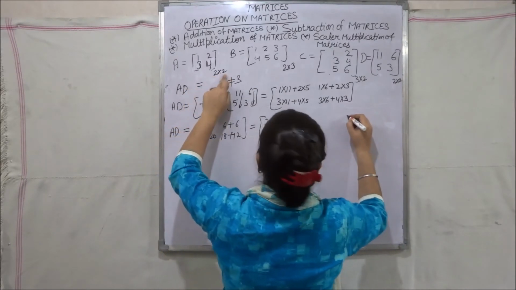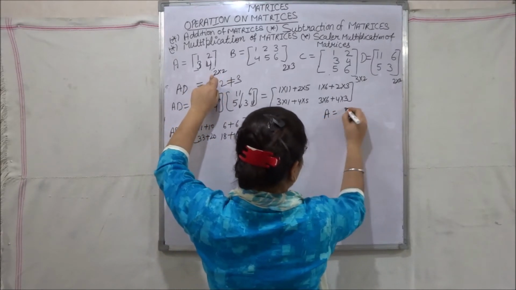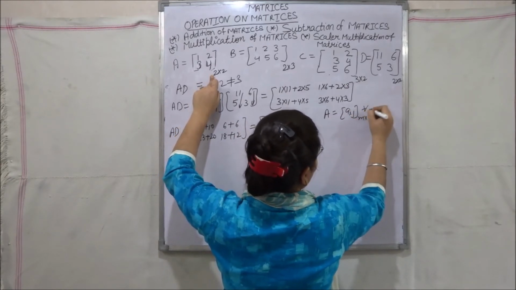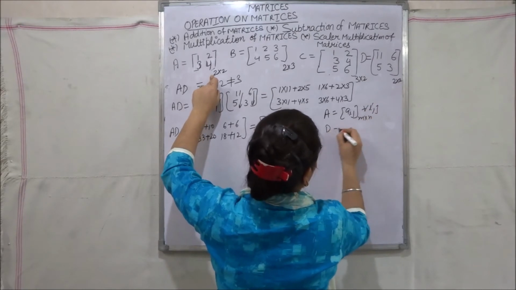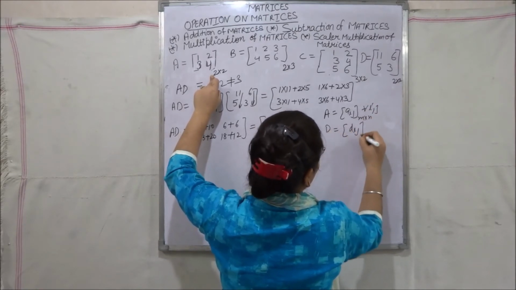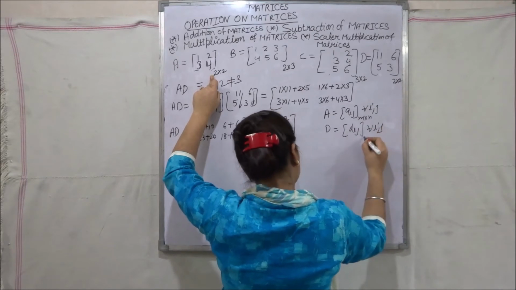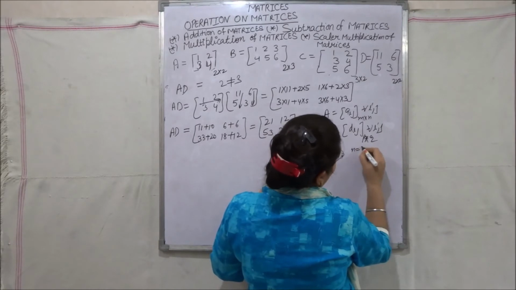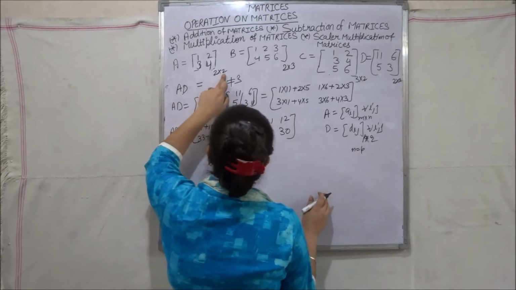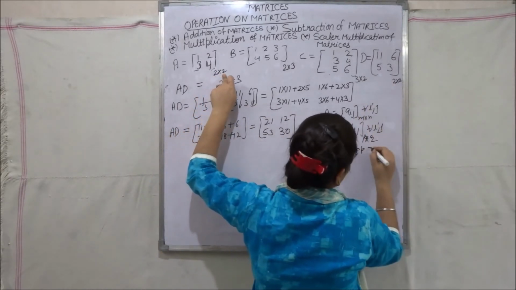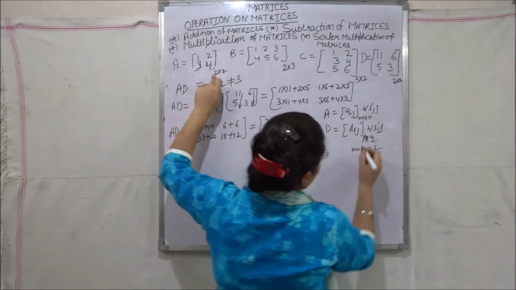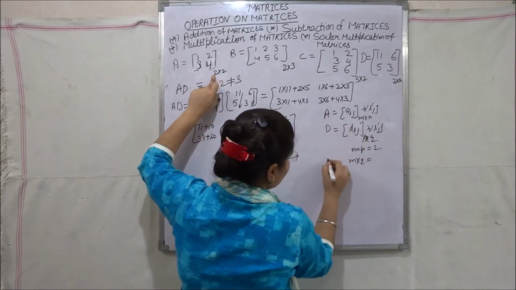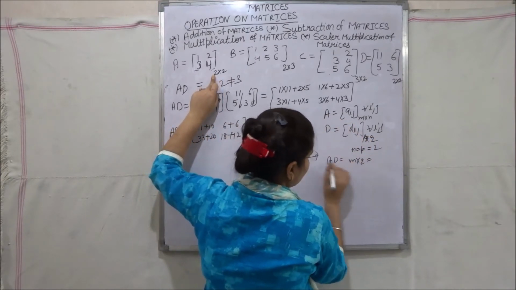Here if A is equal to Aij of order m into n for all i and j, and D equal to Dij for all i and j of order p into q, then n equals p, that is the number of columns equals the number of rows, these are equal to 2, and the order of the product AD is m into q.